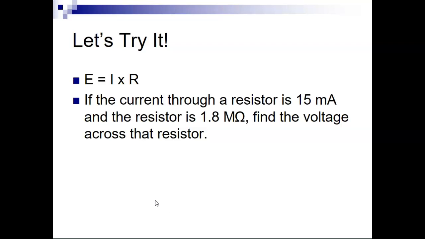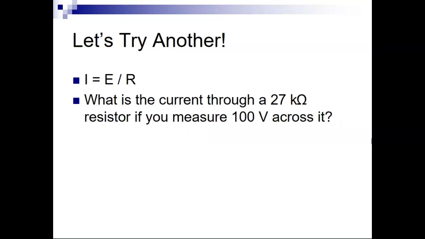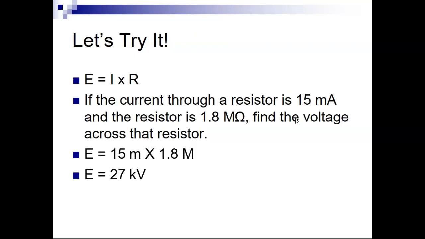Does everybody agree? All right, 27 milliamps. Oh, you said mega? I think I said kilo to begin with, but it should have been mega. So yeah, 27 kilovolts. That makes more sense. That's quite a bit of voltage, though, isn't it?